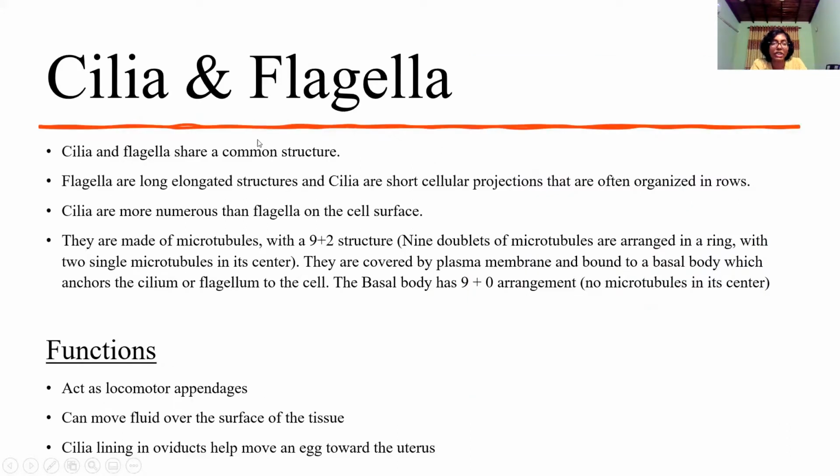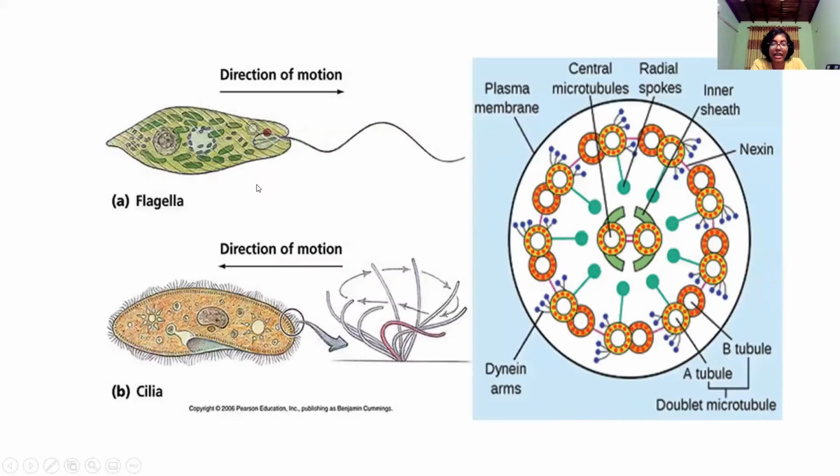So to differentiate between cilia and flagella, cilia you can see here, these are cilia, these are very tiny tails, like tiny parts. Here you can see flagella is very long. So that's one main difference.